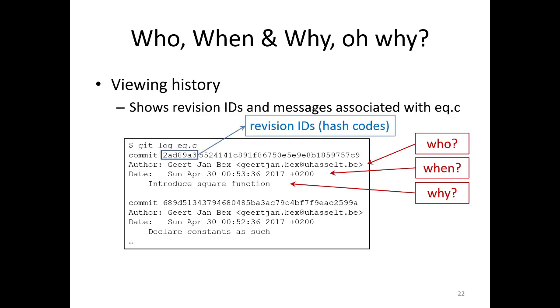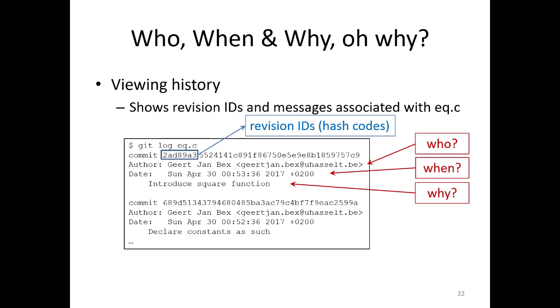So essentially a commit has a revision ID, and that's a hash code, which is typically a very long, seemingly random string, but it is unique to a commit. So every commit is identified uniquely by that revision ID. And a number of commands actually take that revision ID as arguments.